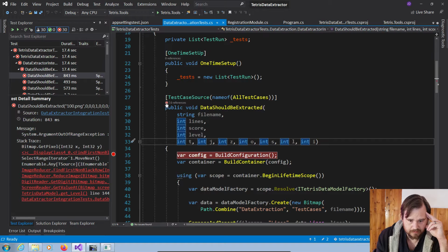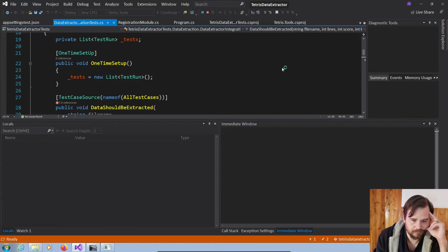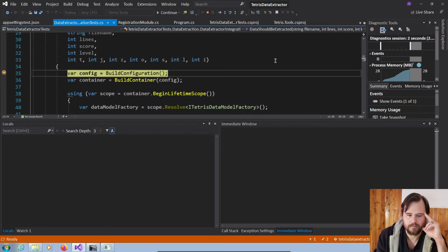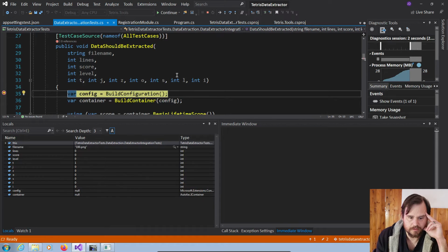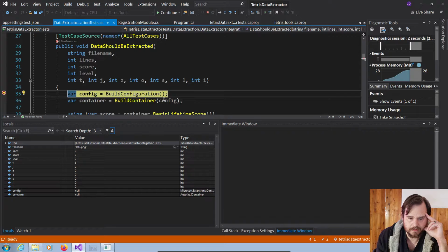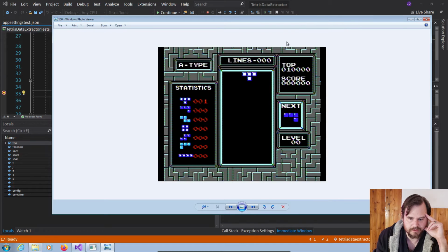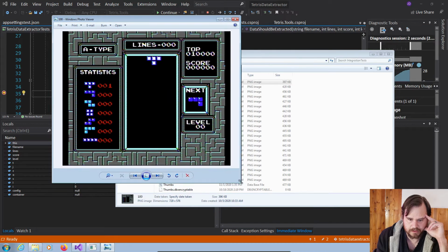Let's debug this and see what's happening. So which file are we doing? Yeah, we're doing 100. So let's pull that up. Discard all those changes. Let's open up 100. This is the file that we're looking at, as always.